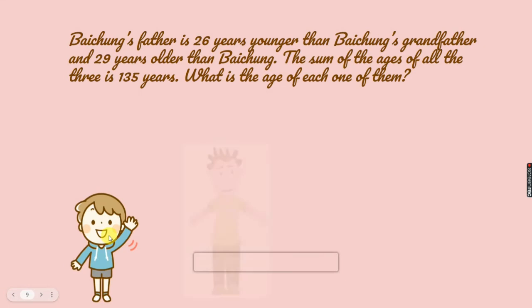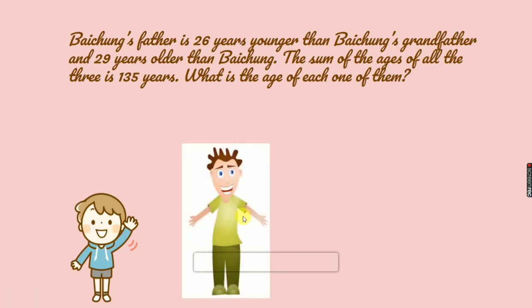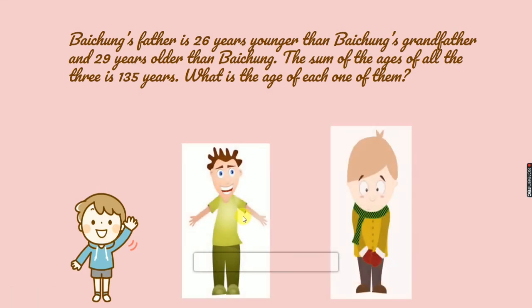This is Baichung and this is Baichung's father, and here we go with Baichung's grandfather. Now our question says that Baichung's father, this one, is 26 years younger than Baichung's grandfather.